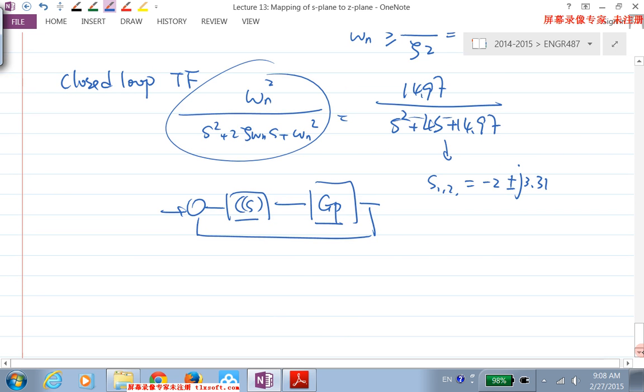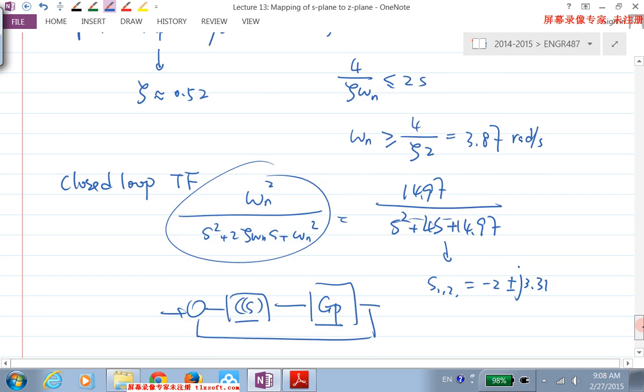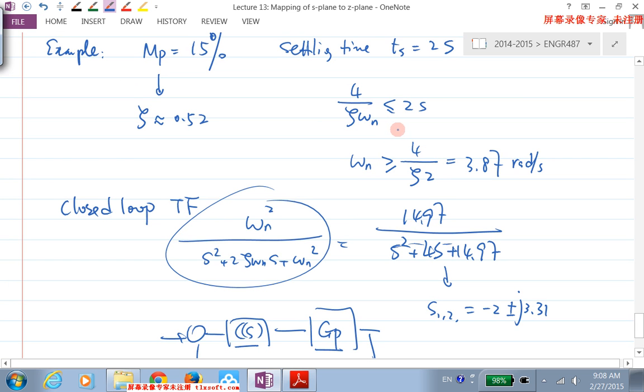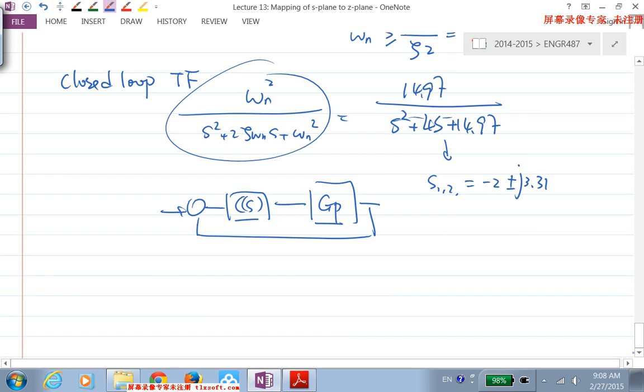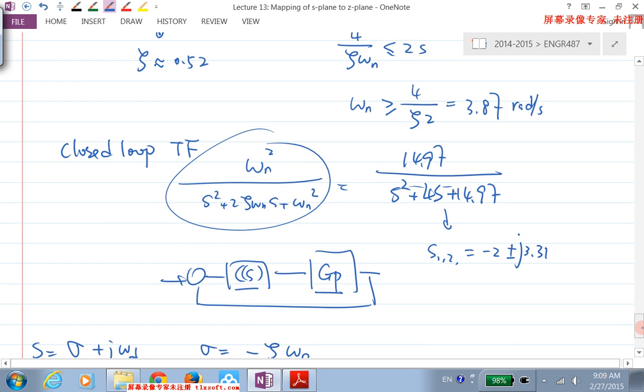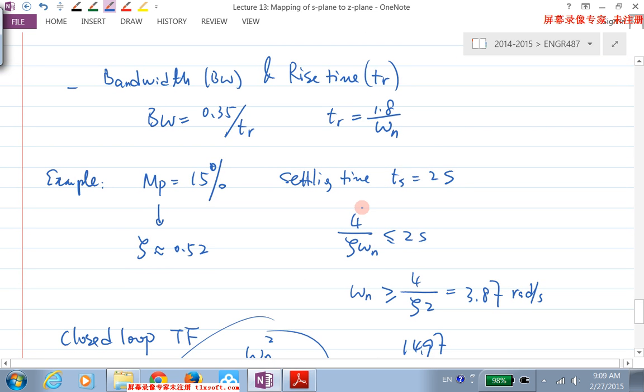But before we move on, one little thing according to this example. If this is a settling time, we know that s equals sigma plus j omega d, and sigma is negative zeta omega n. As you can see, sigma is related to the settling time, because the settling time formula has zeta omega n right here.